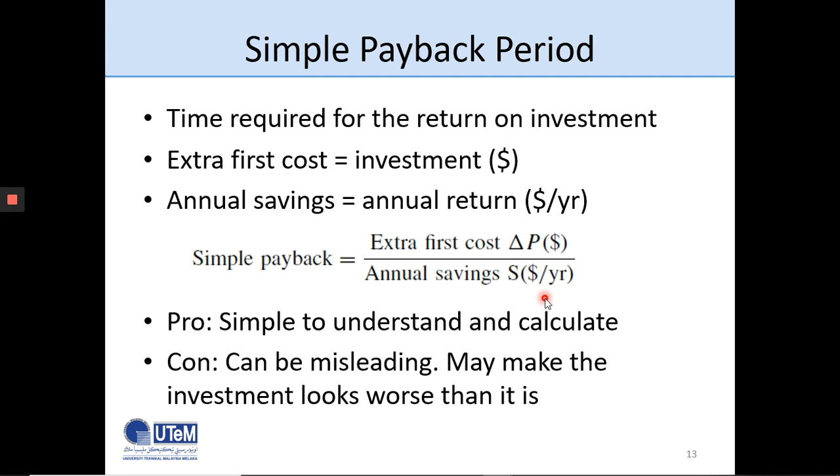Okay, so very simple. So simple for us to understand, but the disadvantage is that it can be misleading in the sense that it can show as if the investment is worse than what it actually is.